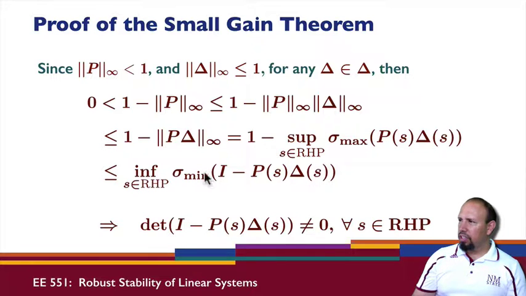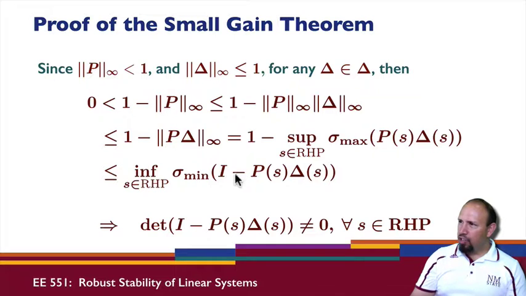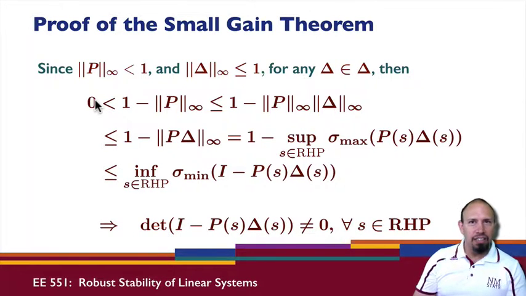Okay, so what is the importance of this? Well, remember, for I plus P delta, we need the determinant of that to be non-zero for all S in the right half plane and the imaginary axis. If the smallest singular value, the smallest value of that over all frequencies, is positive, then we cannot have zero determinant, right?